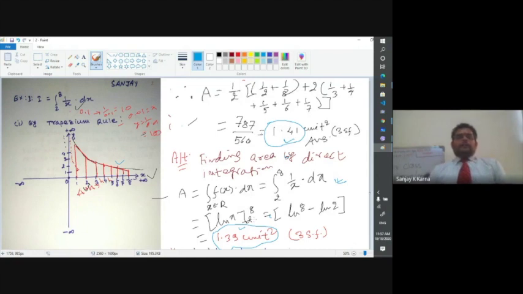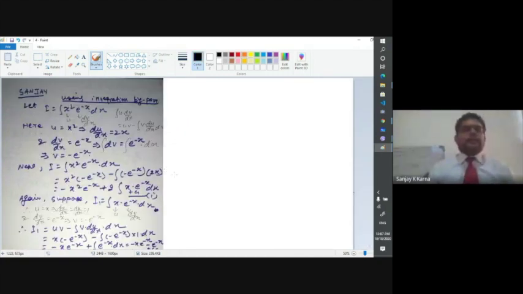The objective of this was to show you how close the value of area we obtain by using the direct integration method is to that by using the trapezium rule.